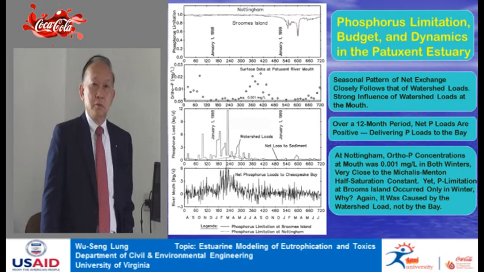That number is only between 0 and 1. 1 means no limitation. Plenty of food, plenty of phosphorus for the algae. Next one is orthophosphate concentration. The food, the concentration. Where? At the mouth. Next one is phosphorus loads.